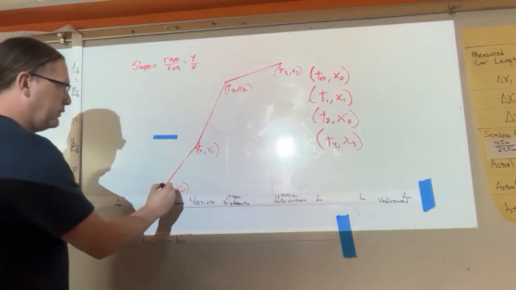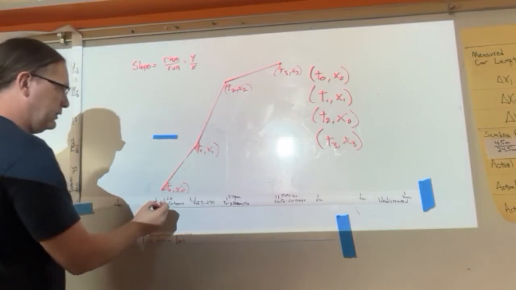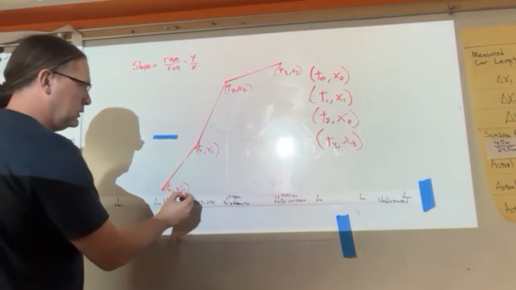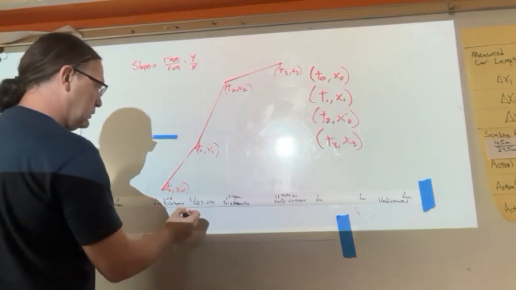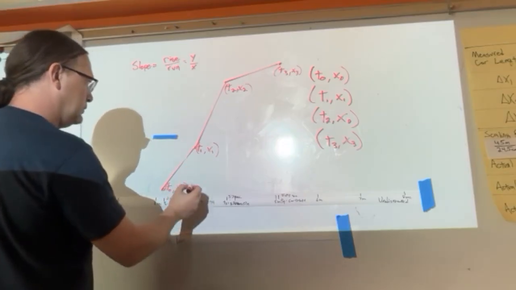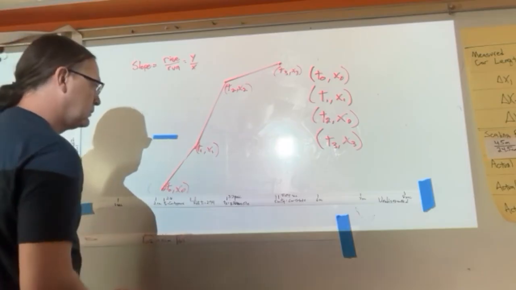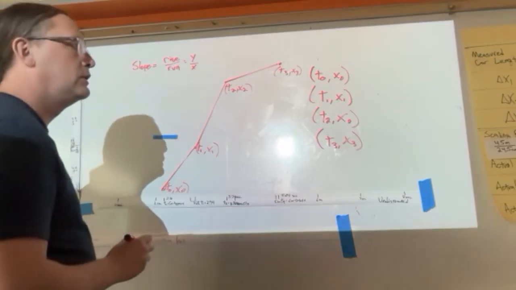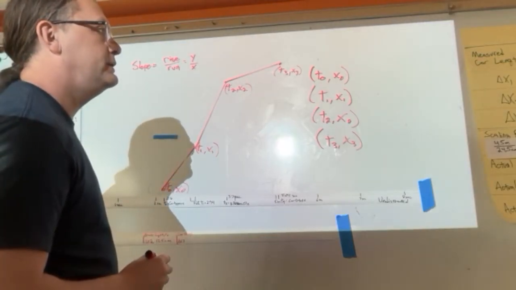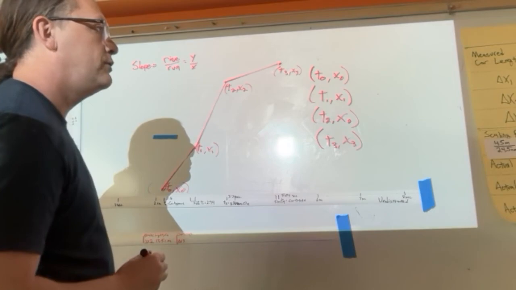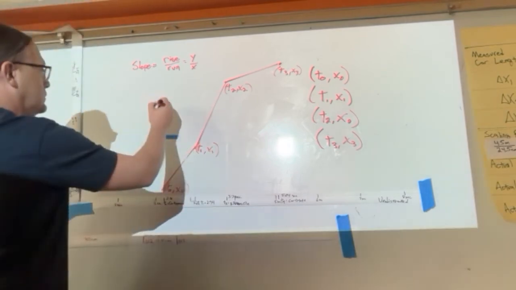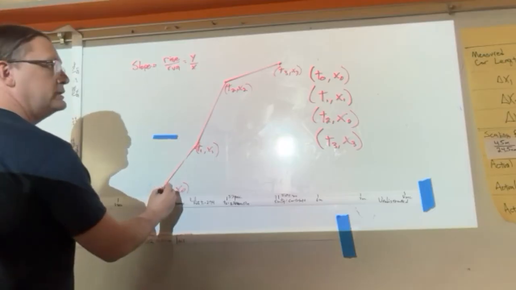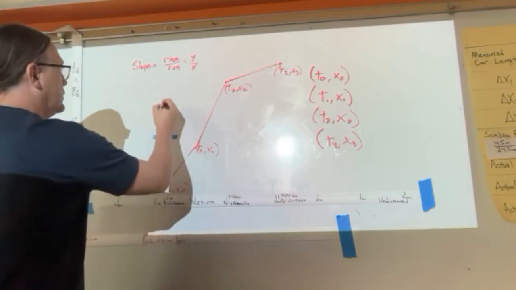Let's consider the first interval of our graph, from when the car appears to when the obstacle appears. And that distance is 3 meters from T0 to T1.